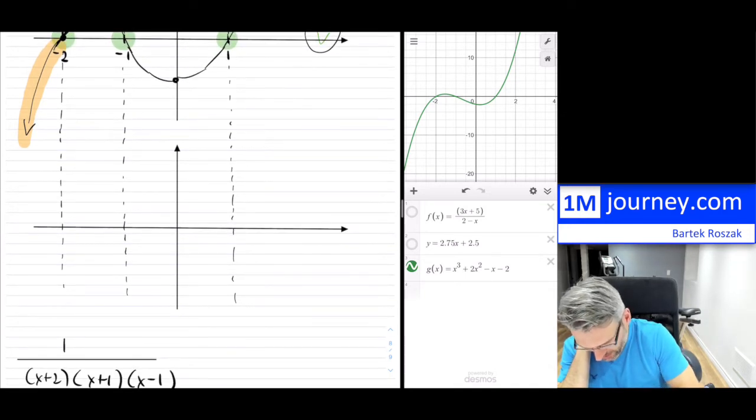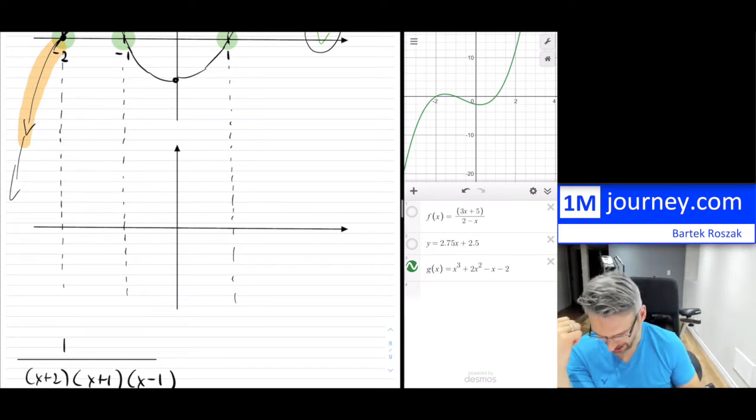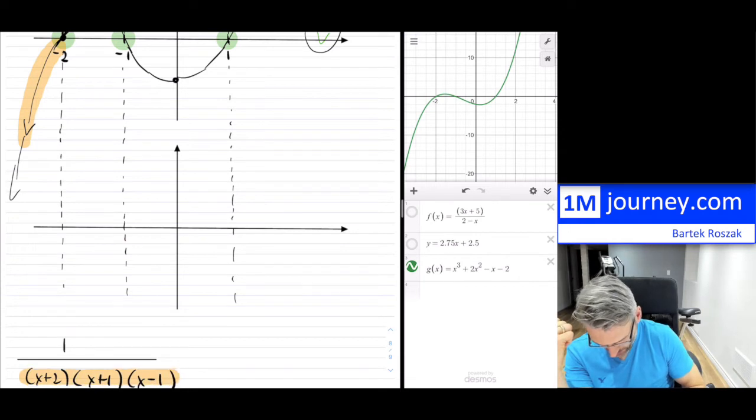Notice that this is getting bigger and bigger in this direction. As we're tending towards the negative side, it's getting bigger and bigger negative for us. So this entire thing is going to be getting bigger and bigger negative. So 1 over a negative is still a negative, right?